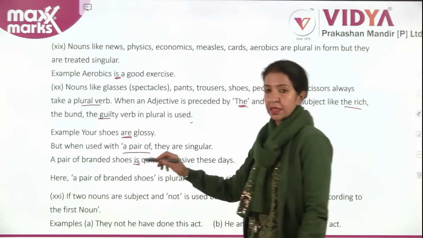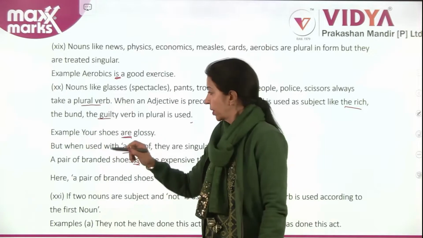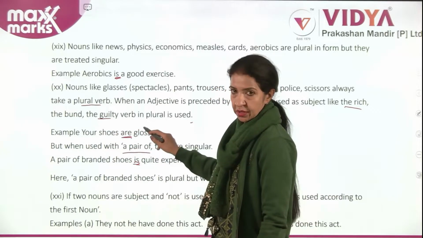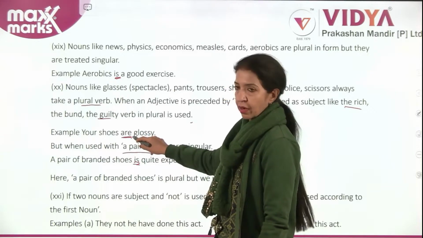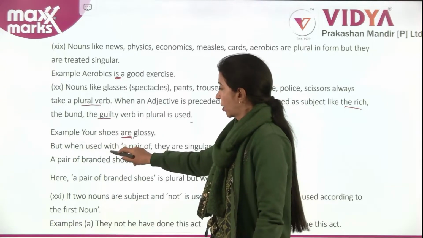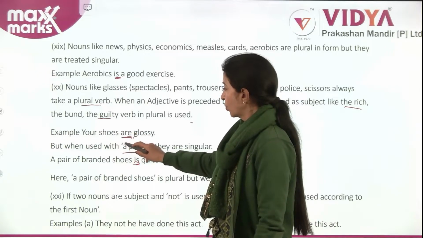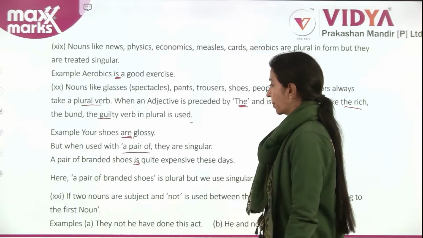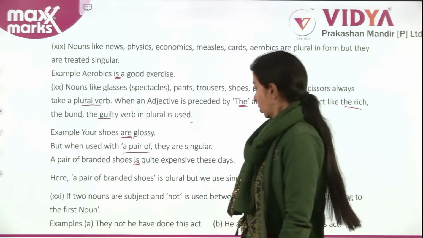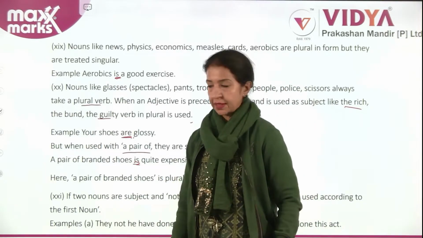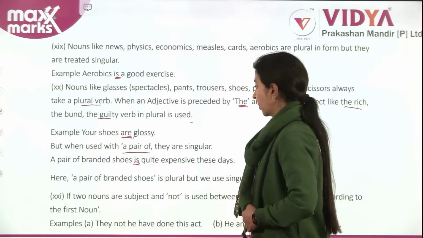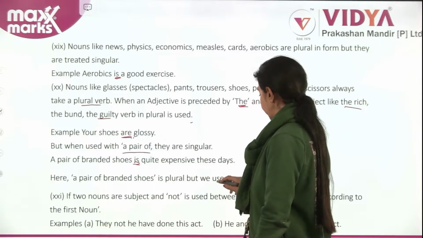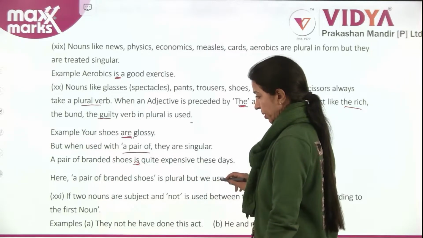See, these are the little things you need to take care of. When we are using your shoes are glossy, we are using are. But when you use a pair of, then it is singular. A pair of branded shoes is quite expensive these days. Here, a pair of branded shoes is plural, but we use a singular verb.